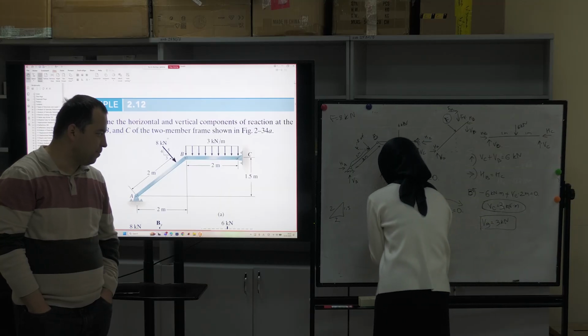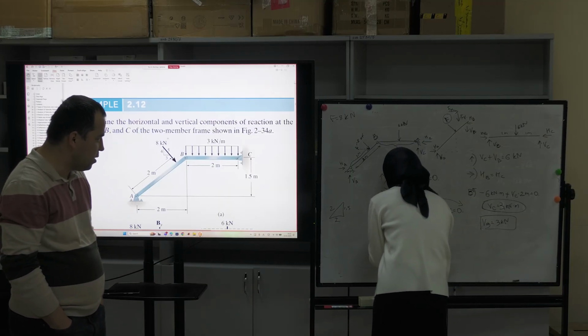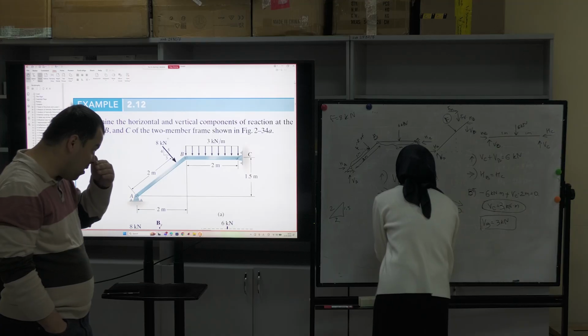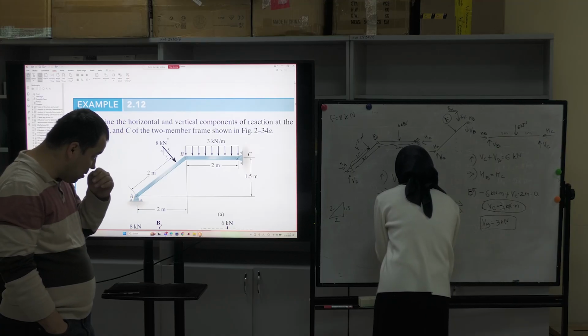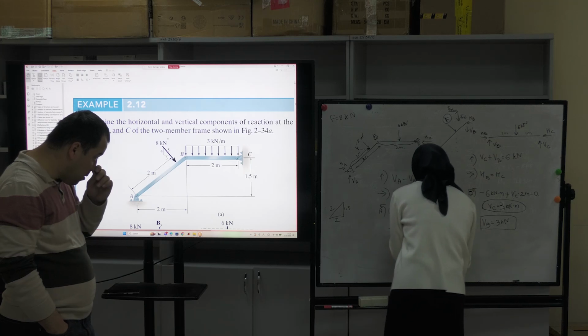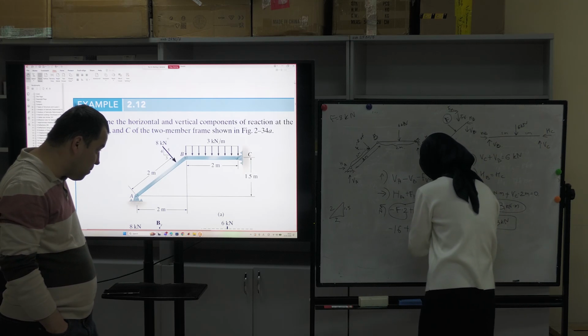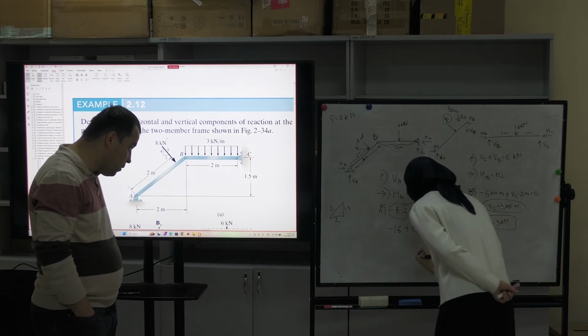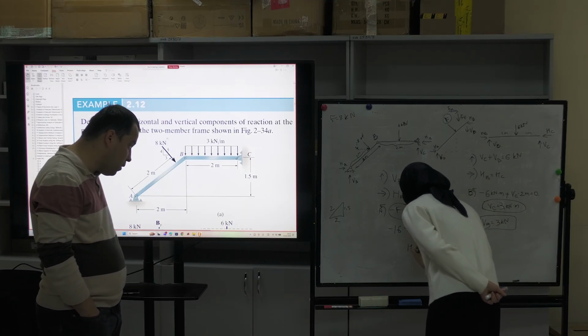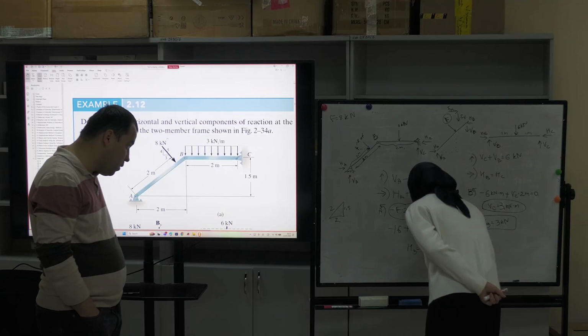Mass. 16 plus HB, we need to find this. Okay, good. So it means that HB is equal to 1.5.